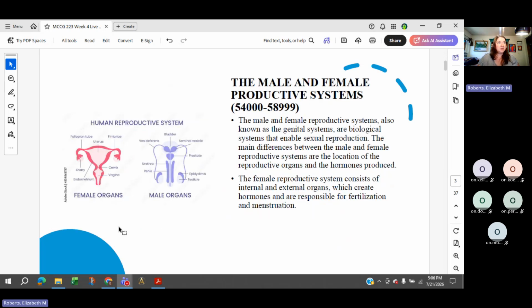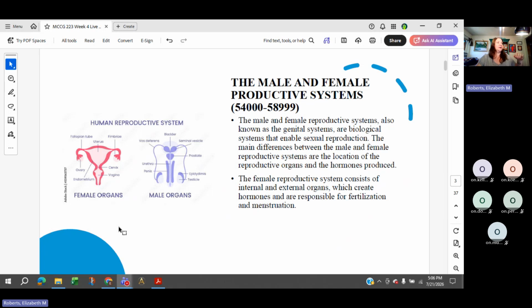The male and female reproductive systems. Interestingly, with all of these organ systems within the surgical section, they're all organized from top to bottom. If you're looking at the organization of the book, those sections all go from north to south, right?